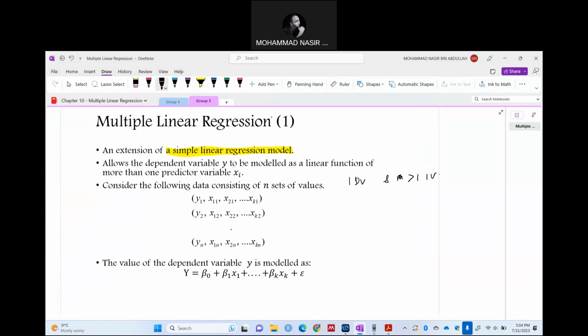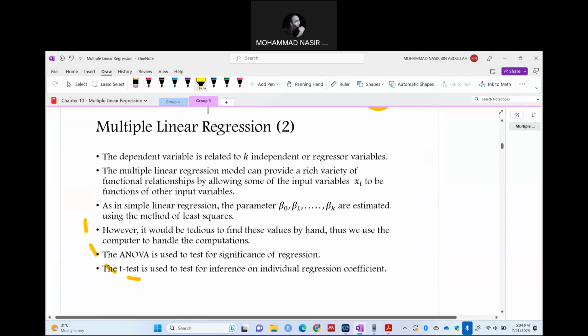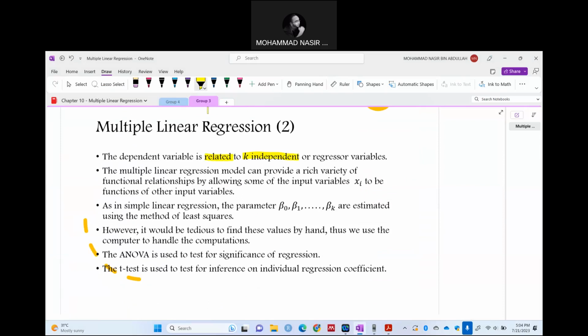So this is the linear regression equation: Y equals beta naught plus beta 1 x1 plus beta 2 x2 until beta k xk, plus the error term. The dependent variable is related to k independent variables, or regressors. So this is the objective of multiple linear regression.